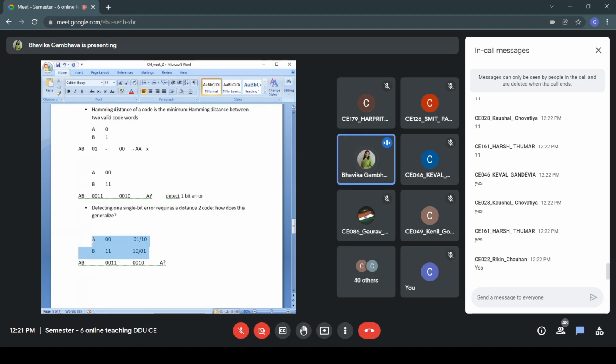So if I provide now Hamming distance of 3, let me try with Hamming distance of 3. So if 1 bit changes here, it will be either of this. Here if 1 bit changes, these are the possible codes, right?